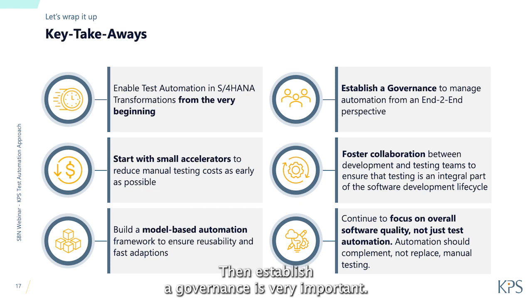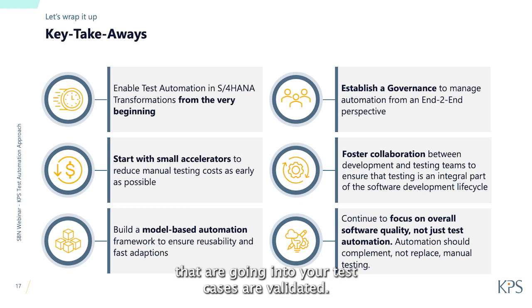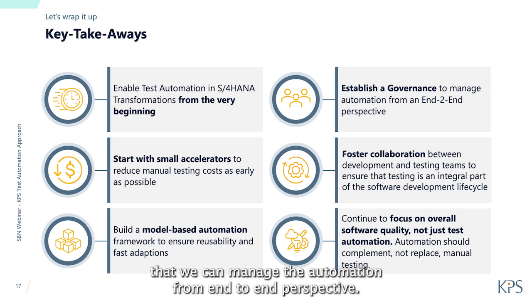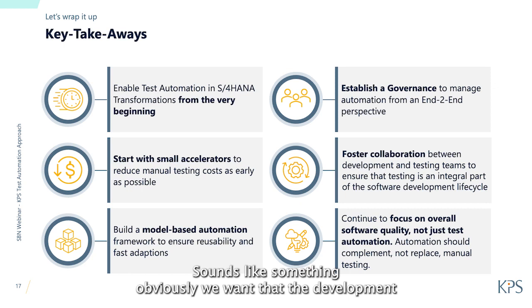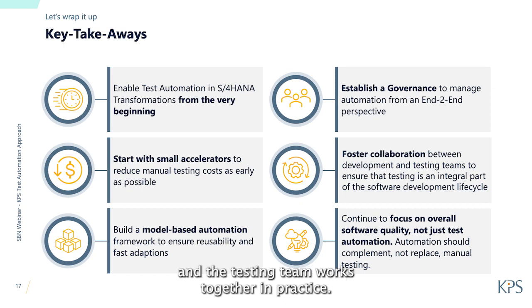Then establish a governance, very important. Make sure that the changes that are going into your test cases are validated, that they stay up to date, and that we can manage the automation from an end-to-end perspective. Foster collaboration sounds like something obviously we want, that the development and the testing team work together.